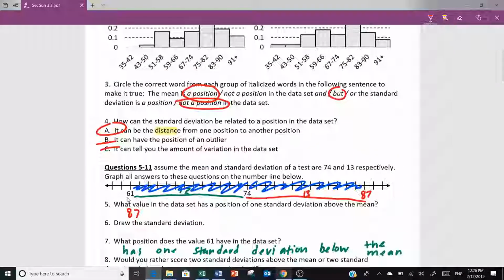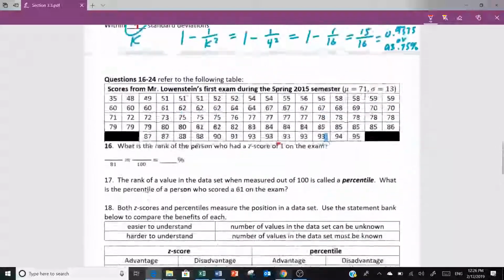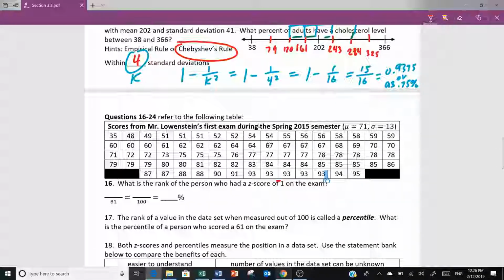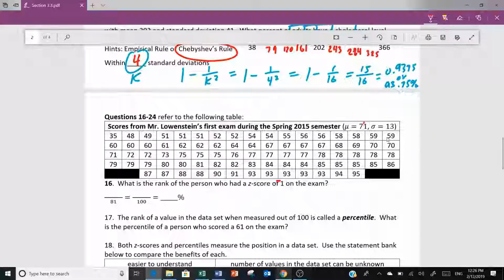The z-score of -1 was 61, wasn't it? Our mean is 71 now, not 74. Oh, you're right. Oh, I see. We could just change one of these 58s to a 57 and call it a day. Just change this to a 74.